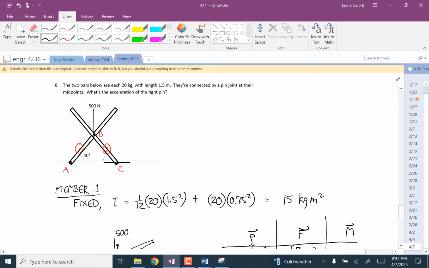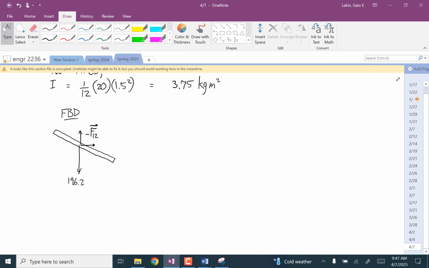That's a pin and slot joint. So the only force is perpendicular to that slot. I'll draw it upwards, although you wouldn't get anything wrong by drawing it downwards. You just end up with the variable having a negative value. So this is RC. Any questions about that?